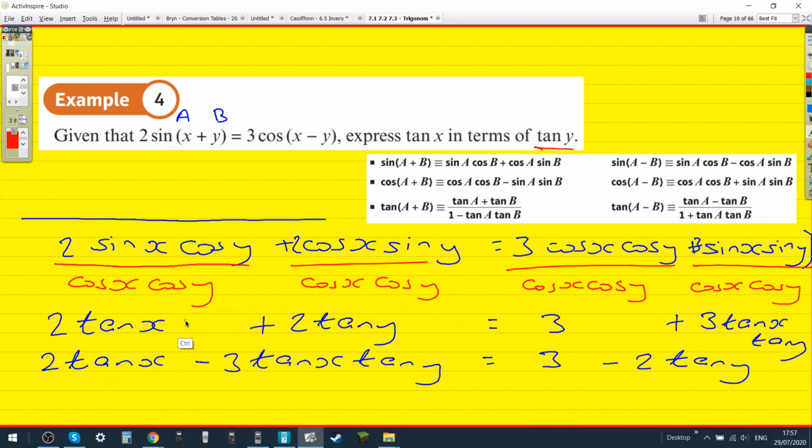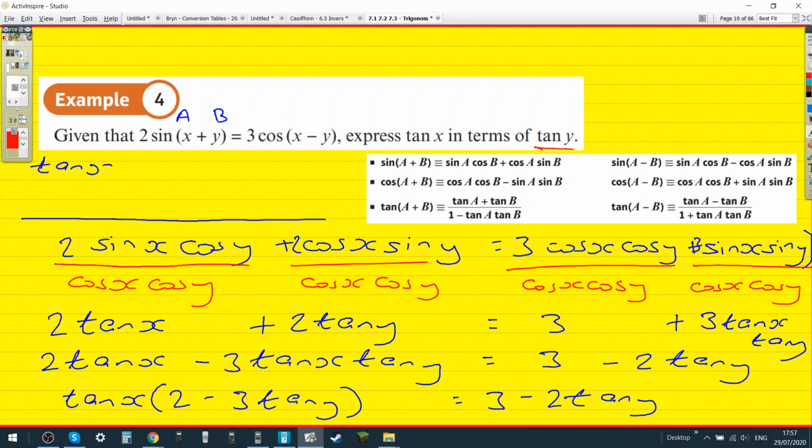The problem with that is you'd still have a y on the left side. Factorize. So tan x times 2 minus 3 tan y. And so what is tan x equal to? How do we get rid of times 2 minus 3 tan y?